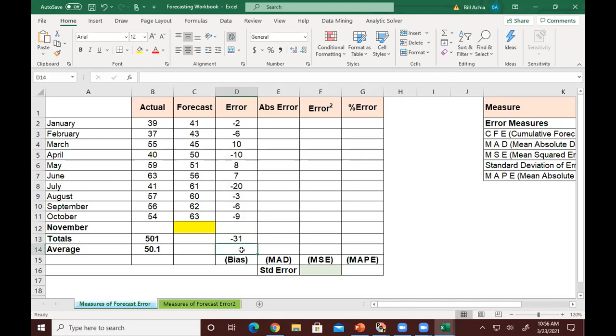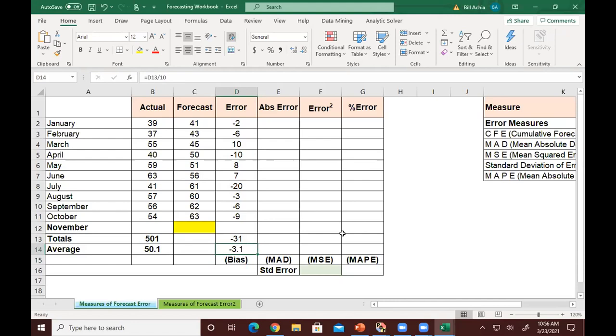You can take that value of negative 31 and divide it by the number of months or time periods that we have here, which were 10. And that gives you your average bias. Okay? The average bias just basically says that for any given month or any given time period, your forecast is usually off by around 3 units, and it's usually higher than the actual demand.